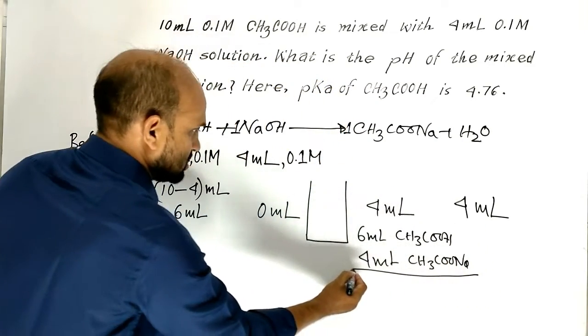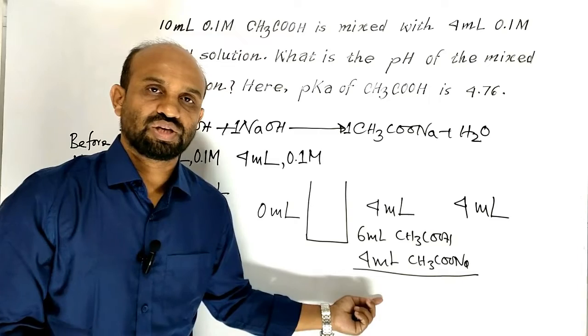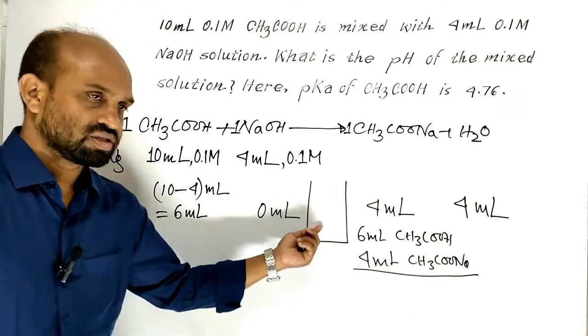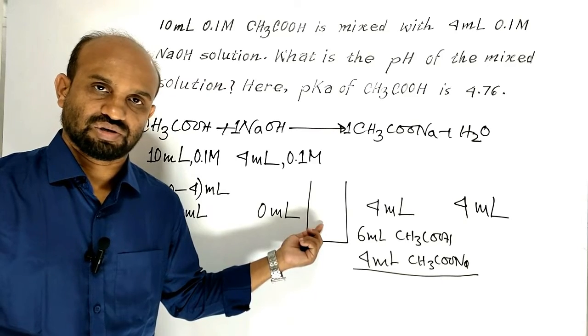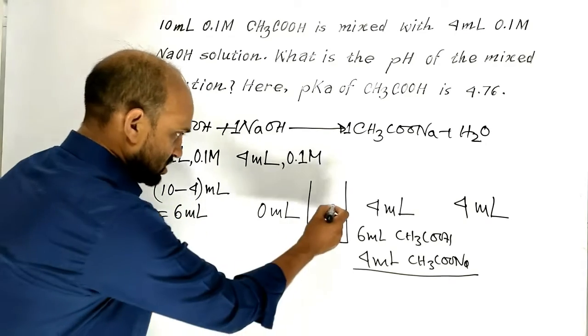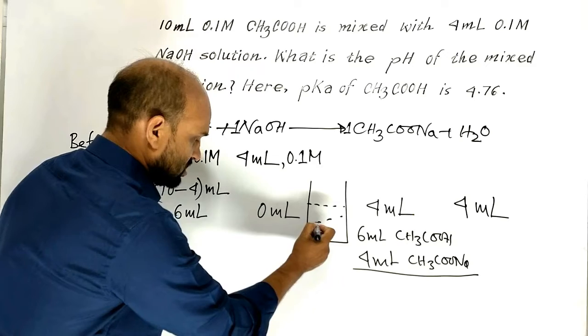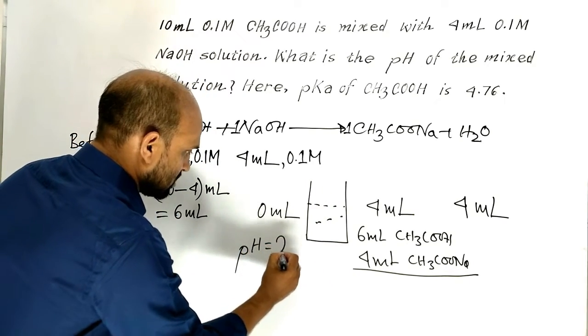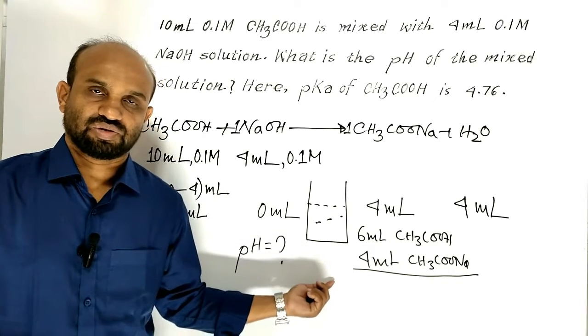Now this is a mixture of weak acid and its salt. That is, now it's a kind of acidic buffer solution, of which we have to calculate pH.